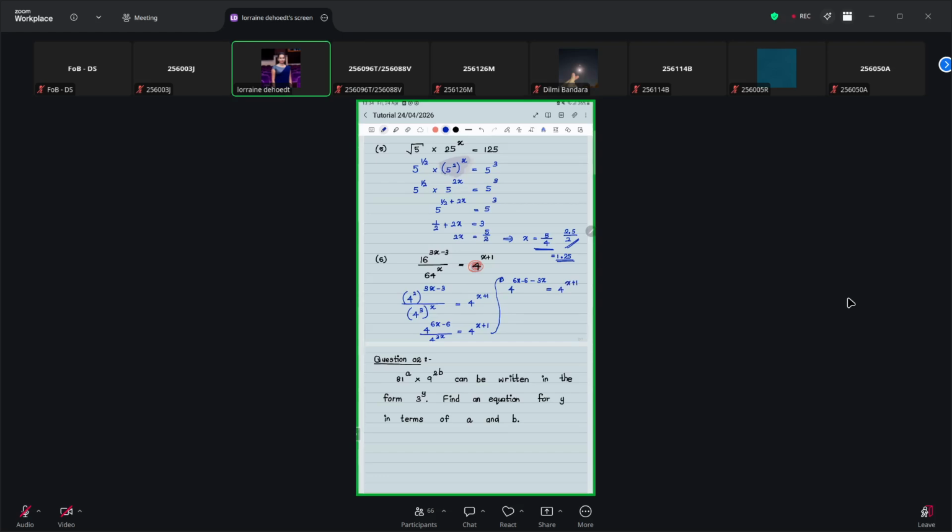Now you can see on both sides, the bases are equal. That means the indices are equal. So 6x minus 6 minus 3x equals to x plus 1. Then 3x minus x equals to 1 plus 6. So 2x equals to 7. That means x equals to 7 over 2. So it's equals to 3.5.